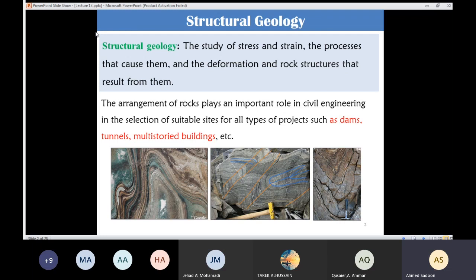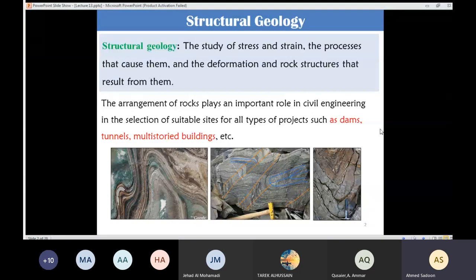So structural geology means that you are studying the stress and the strain and any processes that cause them. And as a result, if you have stress and strain, that means you are going to have deformation. And we need to understand what will happen to the rock after it's been subjected to stress and strain.